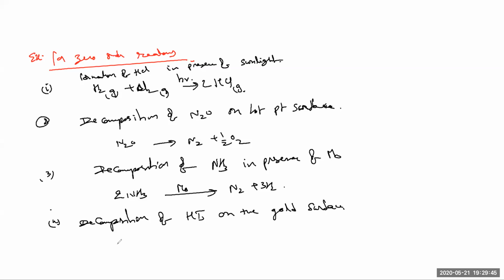That means HI gives rise to H2 plus I2 in presence of gold, Au, as a catalyst. Right. Next, we are going to first order derivation, characteristics, and examples.